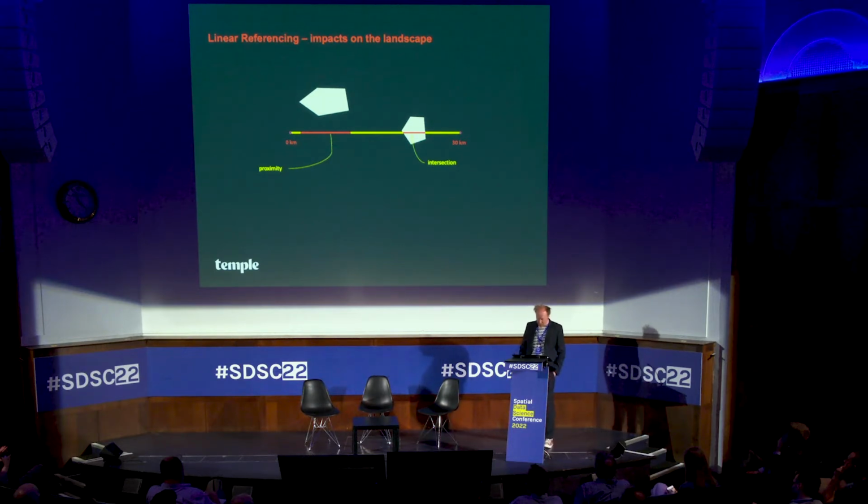We can use this concept of linear referencing to look at both intersection and proximity impacts. We can see on this diagram that our 30-kilometer linear feature is intersecting with one parcel, and there is another parcel which is in quite close proximity and may have an indirect impact.